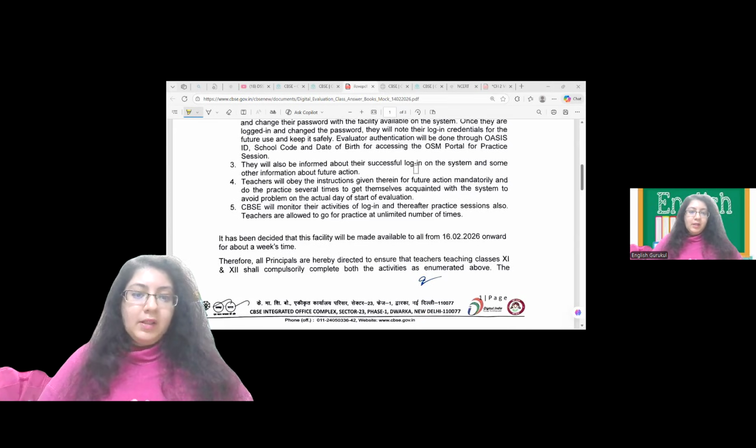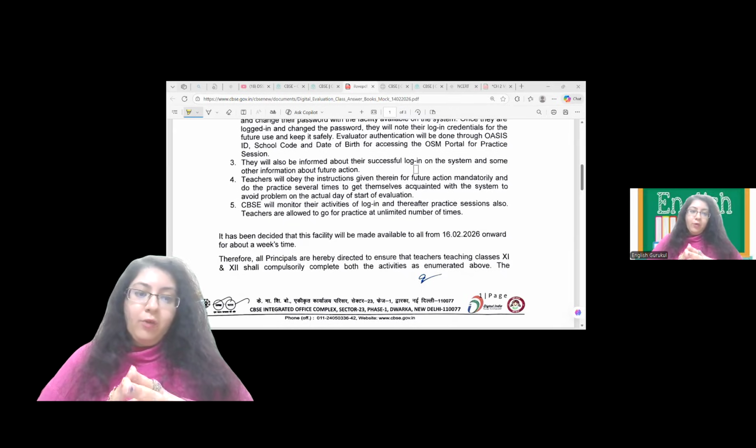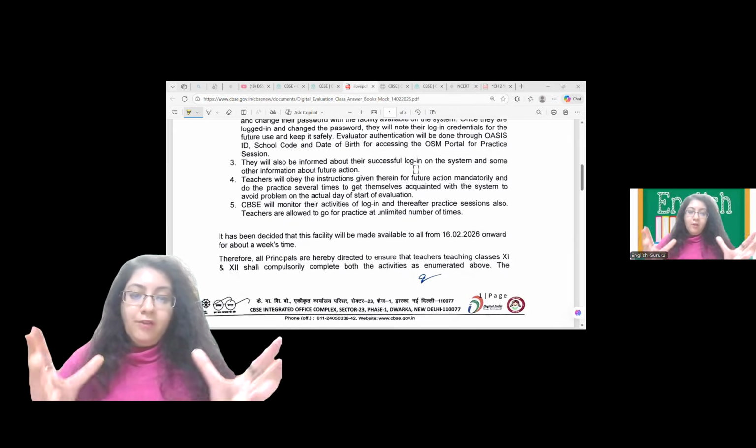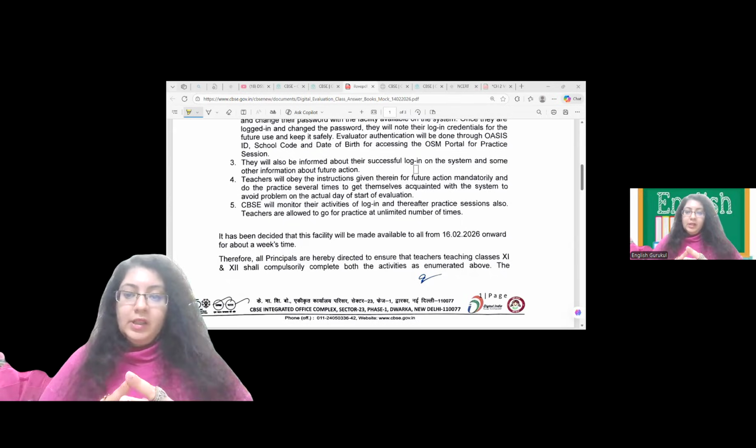Then it has been decided that the facility will be made available to all from 16th Feb 2026 onward for about a week's time. Therefore, all principals are hereby directed to ensure that teachers teaching classes 11 and 12 shall compulsorily complete both the activities as enumerated above.